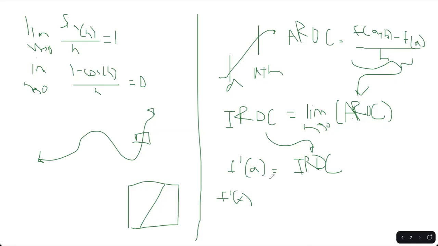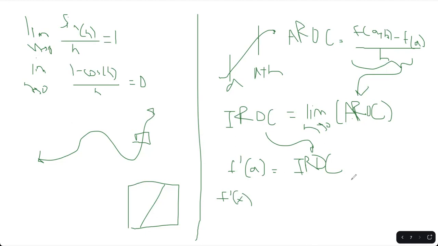But what does it mean if we take x, just then the domain, basically, f prime of x? So what that's going to be is this entire slope function, which is basically just a function that you can plug in x values and output the derivative, instantaneous rate of change, or the slope of the tangent line at a point. And it's more useful than finding this because that can only be used for that one point.